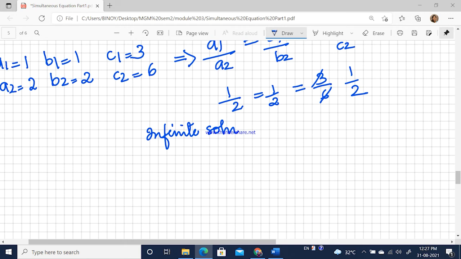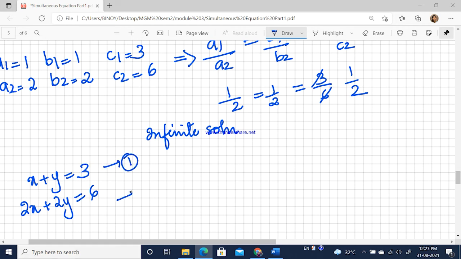Okay. Now, if we are going to use the elimination method, the equation will be x plus y is equal to 3. The second one is 2x plus 2y is equal to 6. In order to eliminate one of the variables, I am going to multiply equation 1 by 2.